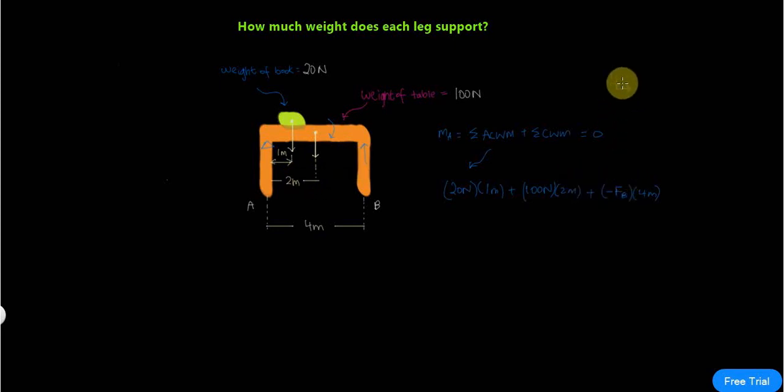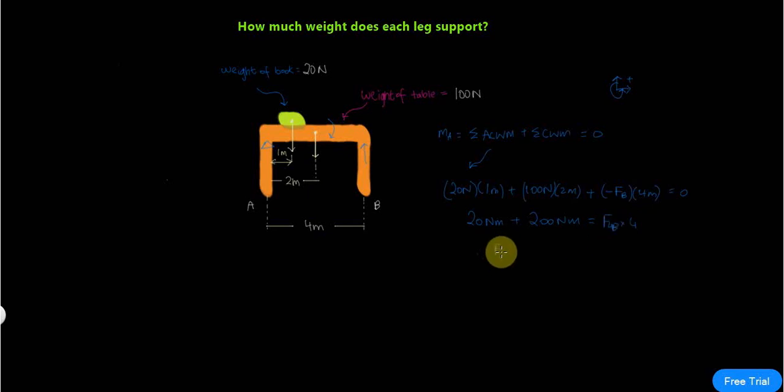Remember, we have to set up our convention as follows. Anything moving to the right and up is positive, and your anti-clockwise moments are positive, and all of that has to equal 0. So in essence here I've got 20 Newton meters plus 200 Newton meters must equal FB times 4.